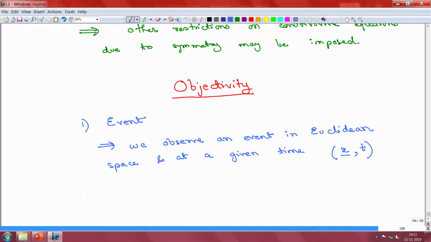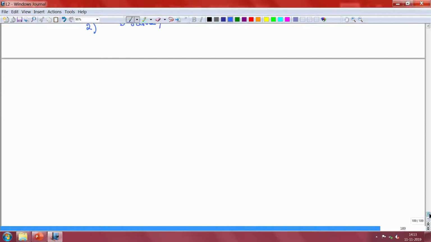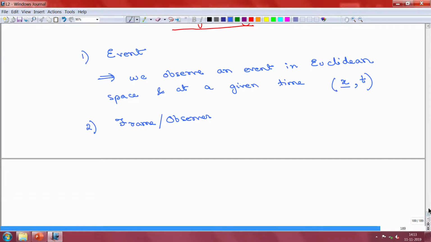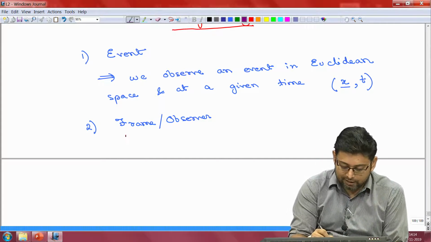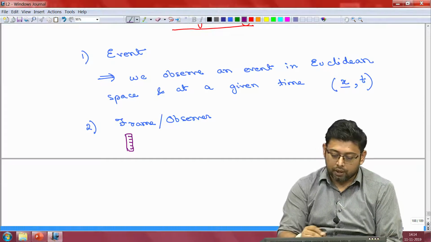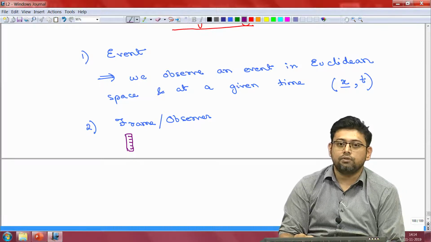The second thing we have to agree upon is what we understand by frame or an observer. So, a frame or an observer is, if we want to think of the observer as a person, let us think of that person as a guy who is holding, let us say, a scale and has a stopwatch. Okay. So, that guy has a scale bar with which he is going to measure distances, because the observer wants to observe events.